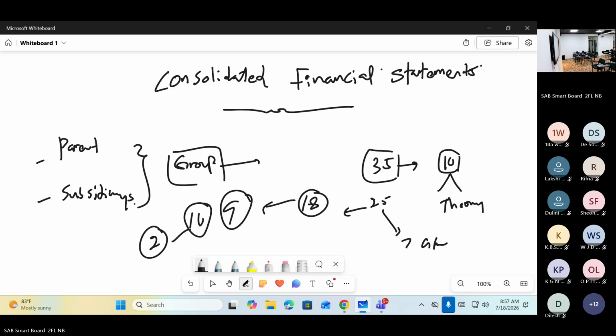Goodwill is an asset representing the future economic benefits arising from other assets acquired in a business combination.